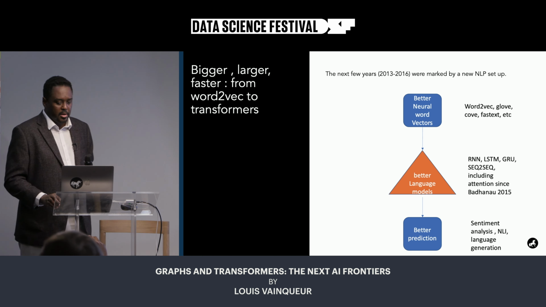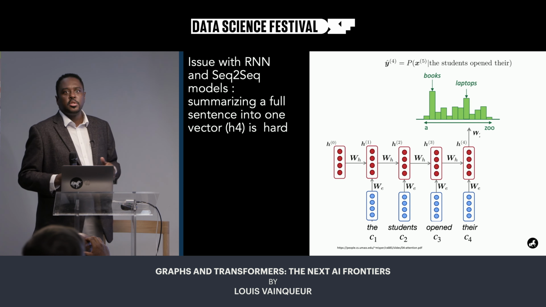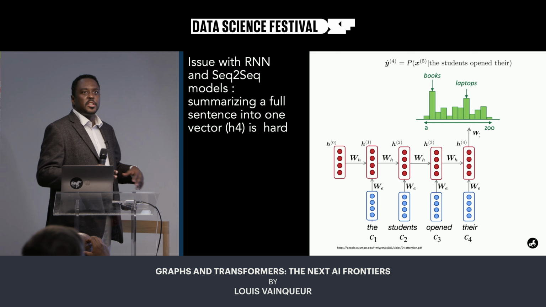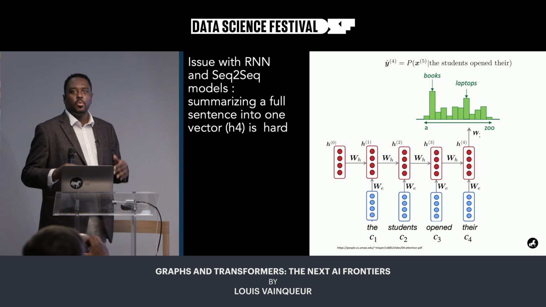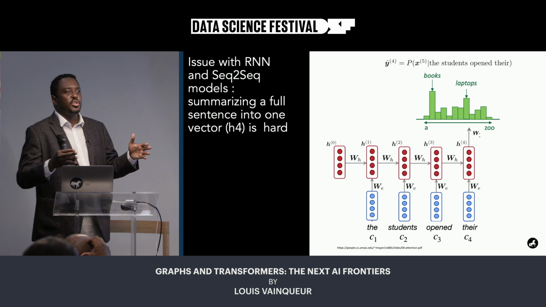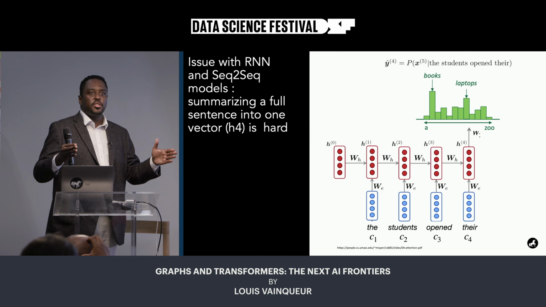And so here you see the issue with the previous generation of models, RNNs, which are recurrent neural networks, and seq-to-seq. I won't get into the details of this, but this is a sequence-to-sequence model. What that means is that you would give it a sentence. Let's say for machine translation, you would give a seq-to-seq model a sentence in French.